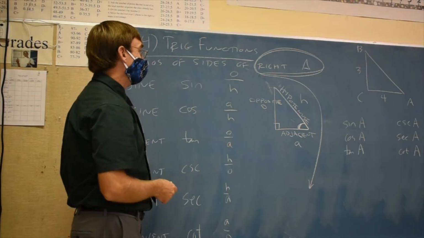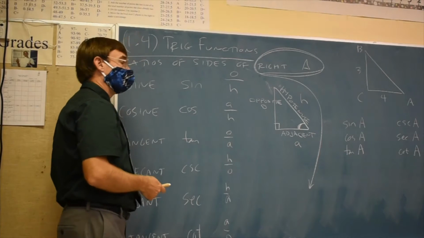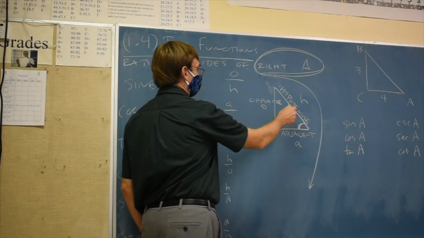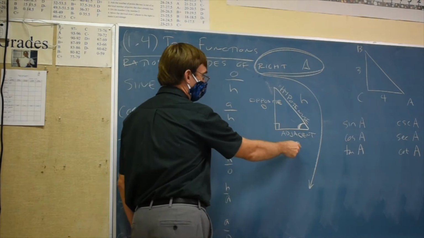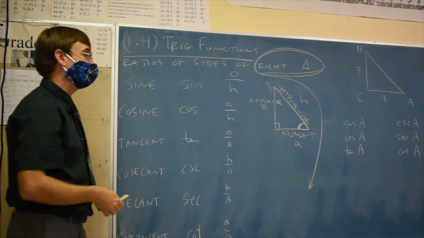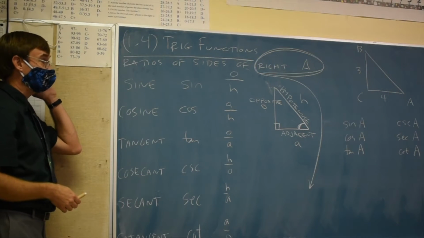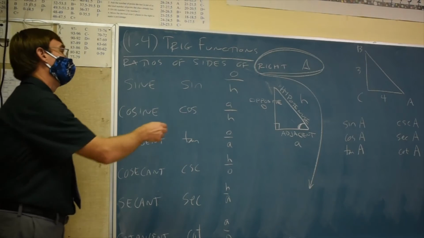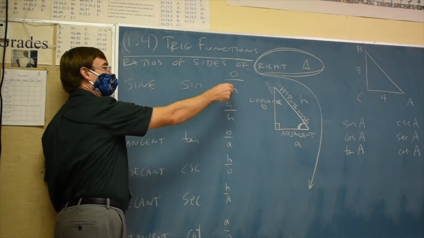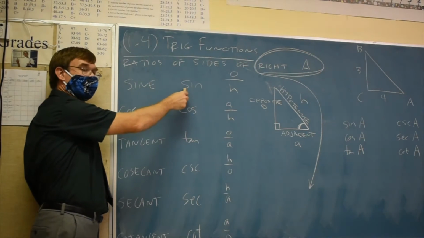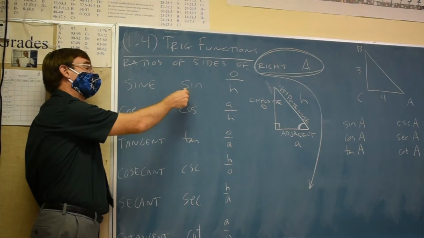And then there's 6 ways that we could set up fractions using those 3 letters. We could put O on top of H. We could put O on top of A. We could put A on top of O. There's 6 ways you could do that. And each of those has a name, and we're going to try to memorize these and keep these straight as best we can. So the fraction that puts the opposite over the hypotenuse is called the sine. The abbreviation for that and your calculator button for that is SIN.